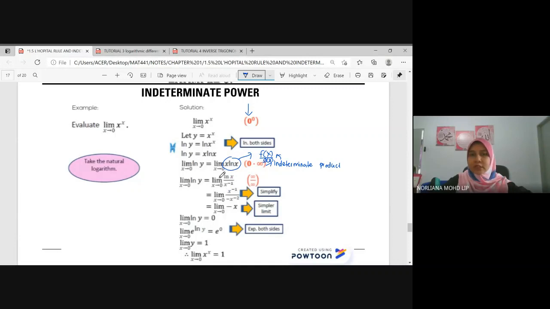So we get this new form: ln x over x to the power of negative 1. We modify this based on the LIATE rule. Then we find the limit where x approaches 0. So we get infinity over infinity. Then we can apply the L'Hopital rules.